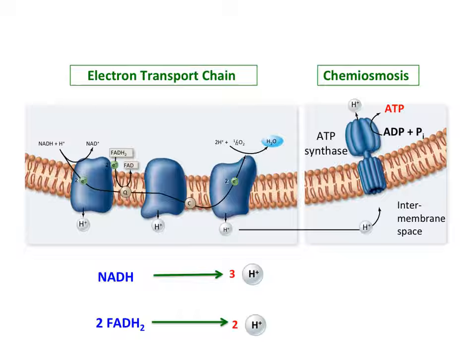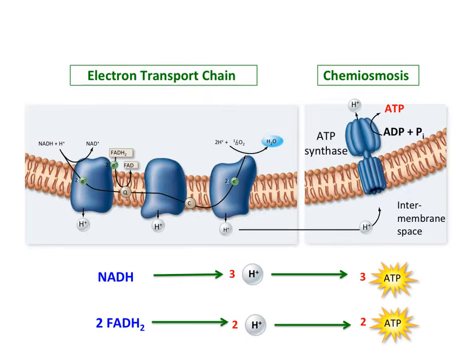Now, remember that NADH was able to activate all three proton pumps, so it was able to pump 3 protons against the concentration gradient with the electrons that NADH was carrying. On the other hand, for each FADH2, you can pump 2 protons. So, assuming that every proton makes its way through ATP synthase, you will be able to produce 3 ATPs for each NADH, and 2 ATPs for each FADH2.